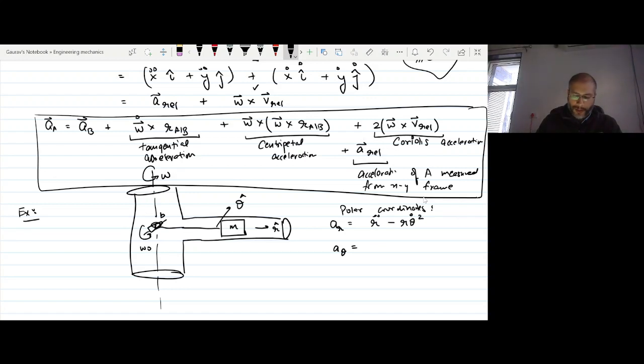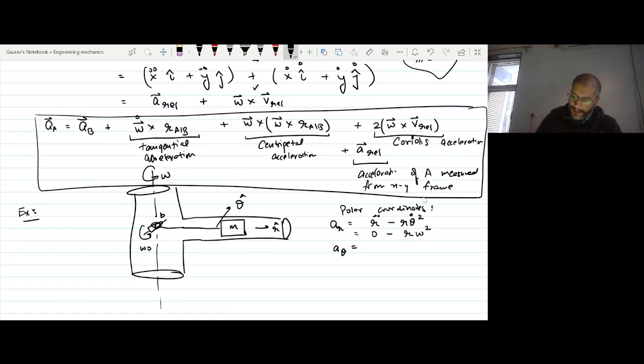R double dot is 0 because we are controlling the motion of the string in such a way so that R double dot is 0. R dot is actually constant in this case, which is omega naught times b. So this is 0 minus R, and theta dot is simply omega. So that was minus R omega squared.